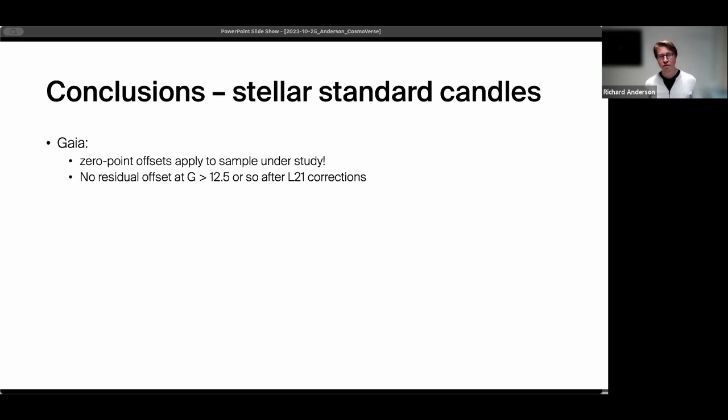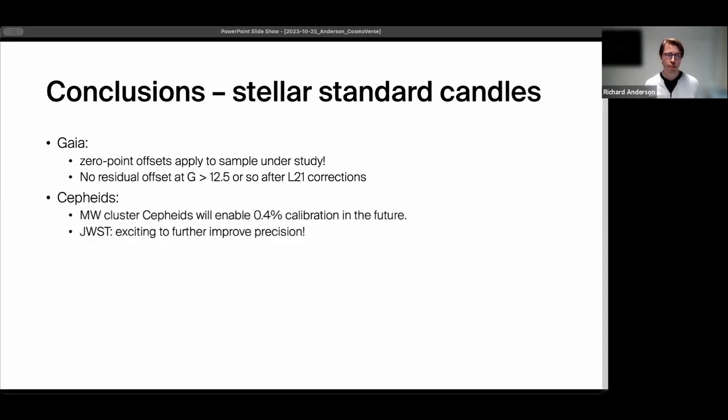Using measurements of that zero-point offset based on other parameters can only be done if you really understand whether they're fully applicable. But what we do see is that there's essentially no residual offset at fainter magnitudes after the Lindegren corrections have been applied.